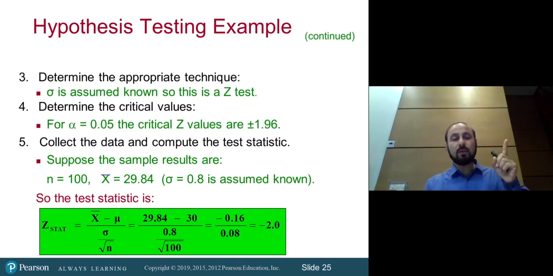Let's say when we calculated, we found x bar is equal to 29.84. So now we have x bar, we have mu, we have sigma, we have n. Of course we can easily calculate the z value. Just put it into the equation that I showed you and you will find the z-stat value is minus 2.0.